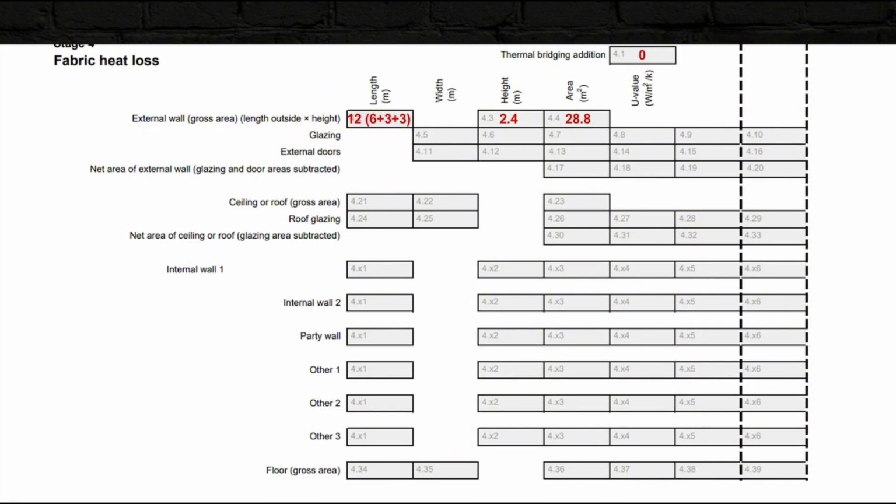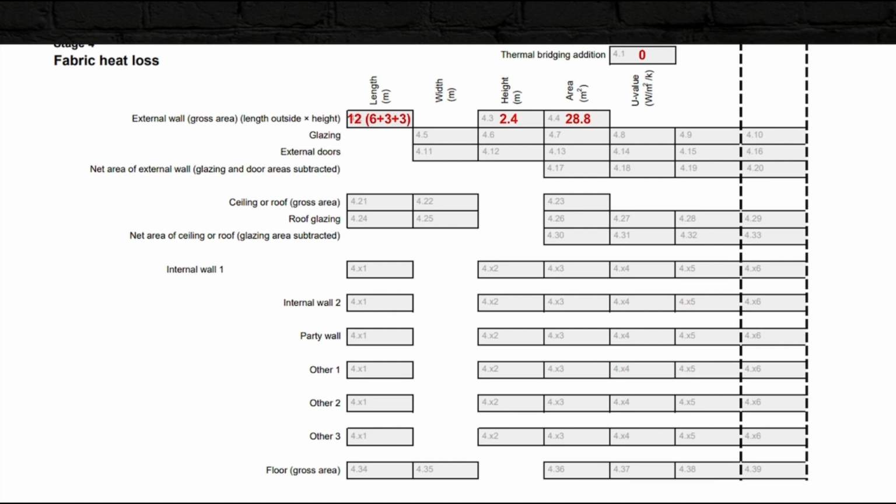I've just added those three dimensions together to get a total length of 12 meters in box 4.2. The height is 2.4, so we take the perimeter, multiply it by the height, and it gives us an external wall area of 28.8.